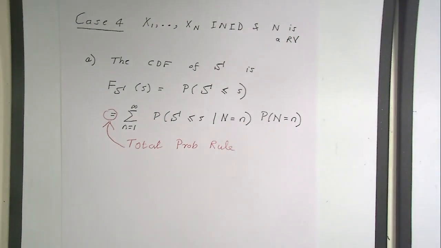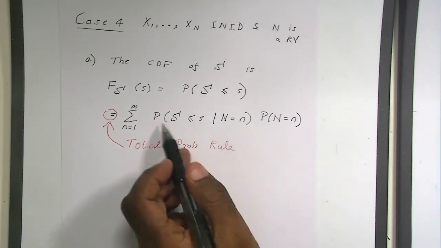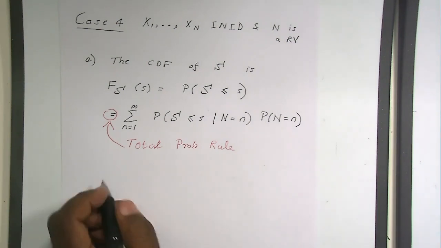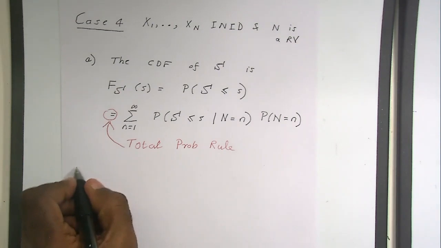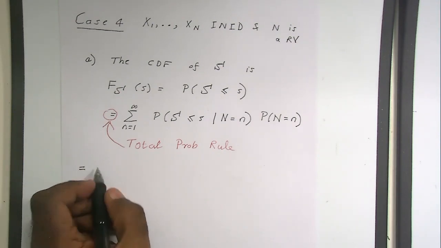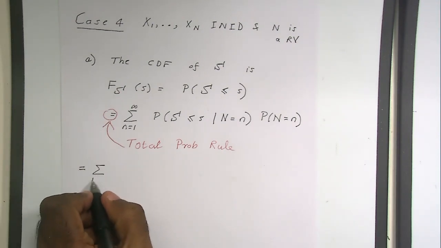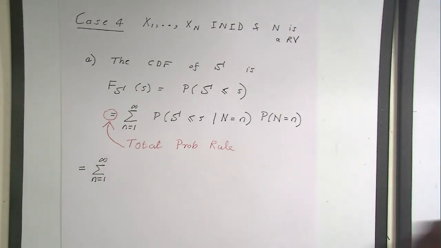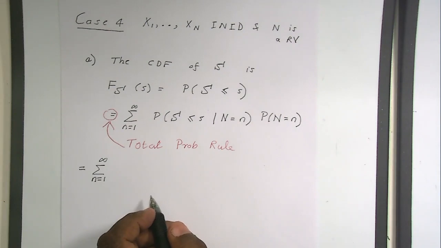In case 3, the expression that we got for the CDF of S is this one. This is based on the fact that the number of investments is a fixed number, right? So therefore, the conditional probability here is the same as this expression here. Okay? So what I'm going to do is replace the conditional probability by this expression. Okay?